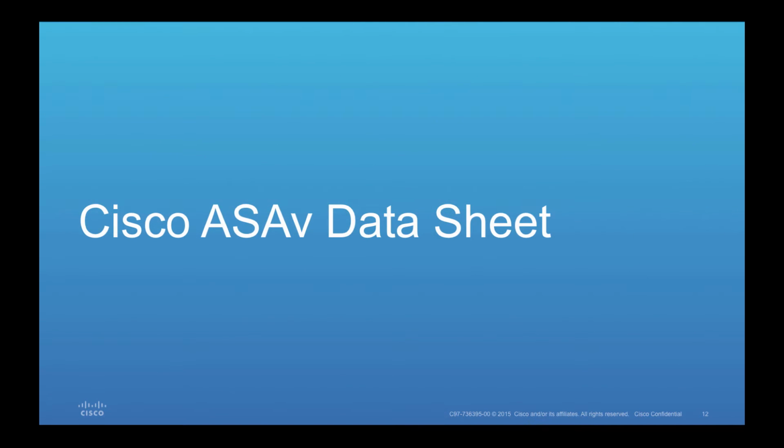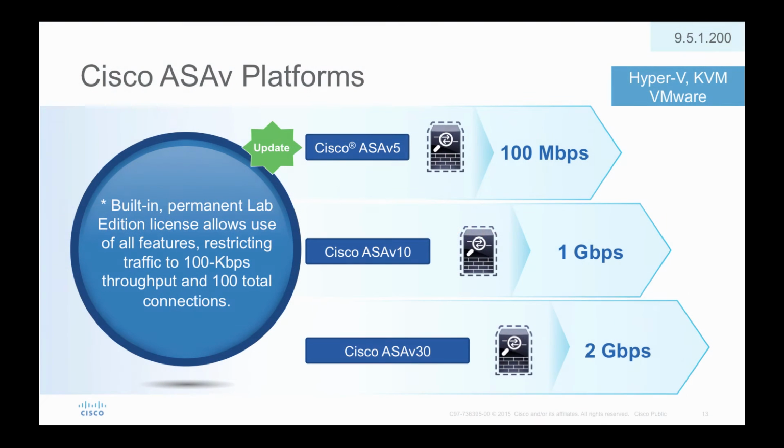So let's cover something about the ASAv datasheet. So we have ASAv v5, v10, and v30. 2 gig is supported on v30, 1 gig is supported on v10, and 100 meg is supported on v5. Presently, these models are supported on Hyper-V, KVM, and VMware.